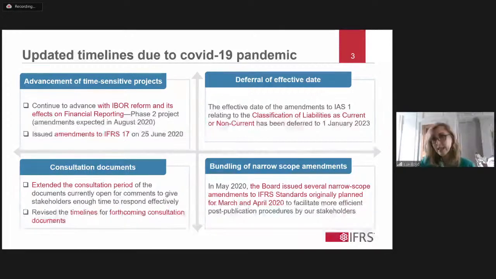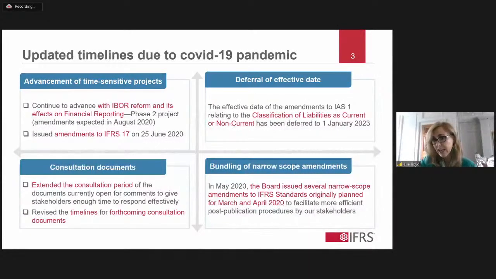We're lucky at the IASB that our technology has meant that we are able to continue working very effectively, even though we've all been working remotely since the end of March. That meant we've been able to publish our amendments to IBOR on our normal time frame. They were issued just a few weeks ago, and we also published our final changes to our new insurance standard in June, on schedule for the deferred effective date of 2023.